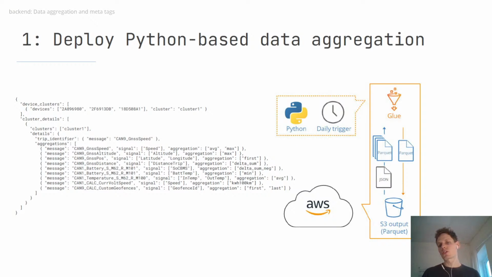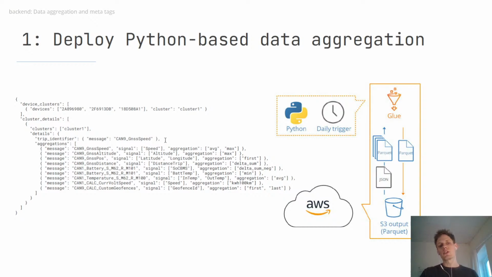And the way this works in a bit more detail is that you essentially need to specify what data you wish to aggregate in what way. And we provide a JSON structure, which is a small text file structure where you can specify this. In the example you see here, we have defined a cluster 1, which consists of 3 devices. And for this cluster, we want to identify trips based on the GPS speed.